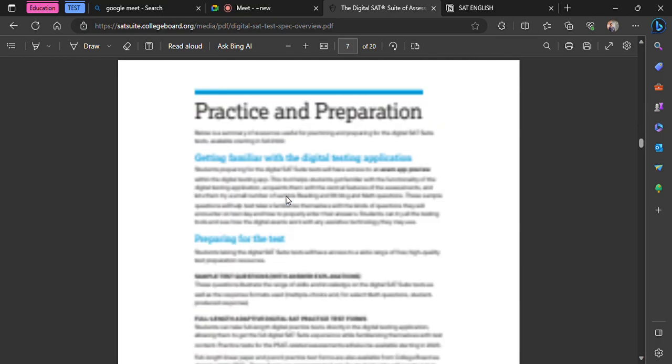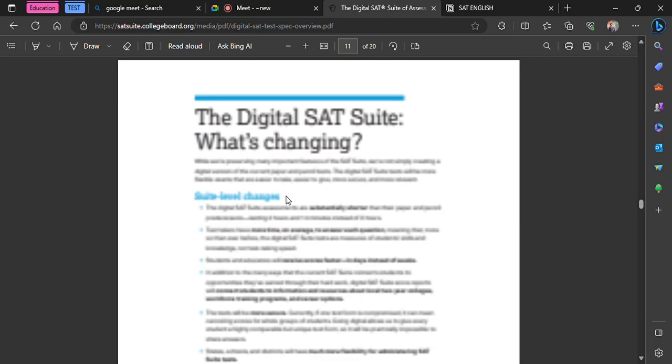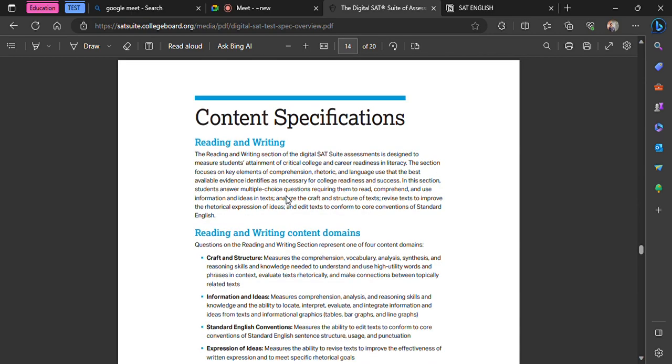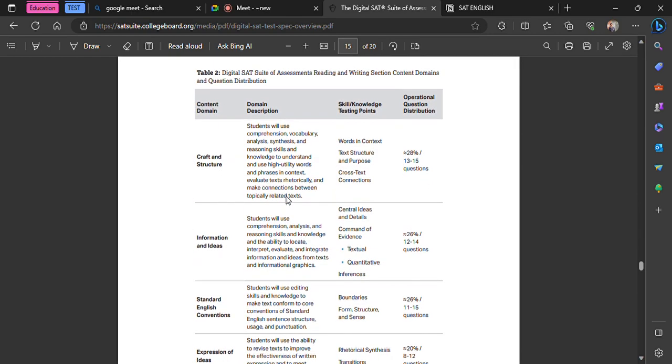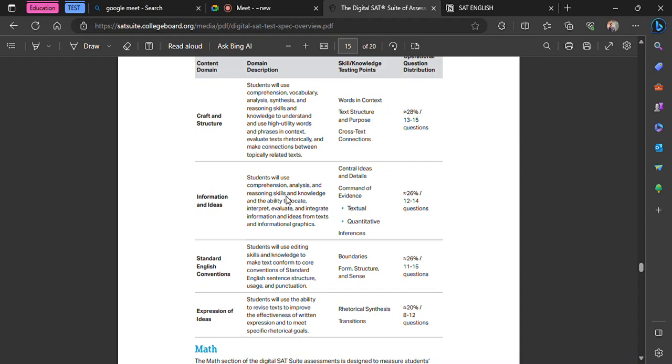So coming towards the syllabus content that's going to be assessed on the digital SAT, we are going to be having 4 main domains, which include craft and structure, which is further divided into the skills that are going to be tested: words in context, text structure and purpose, cross-text connections. The second domain is going to be information and ideas.